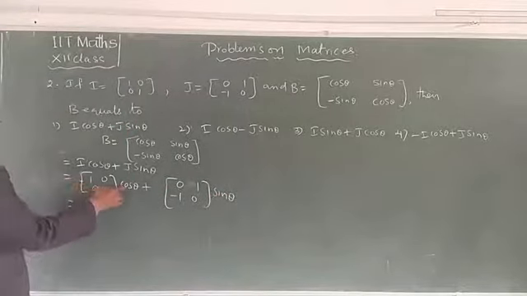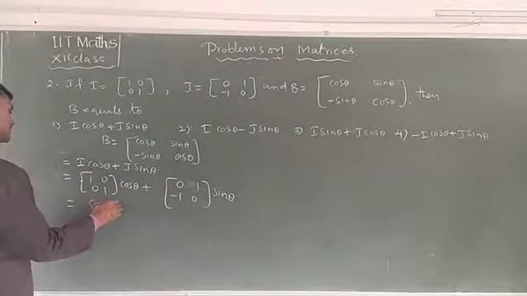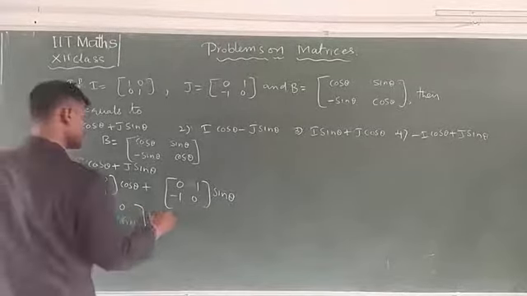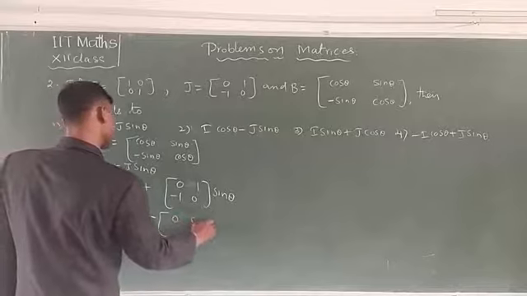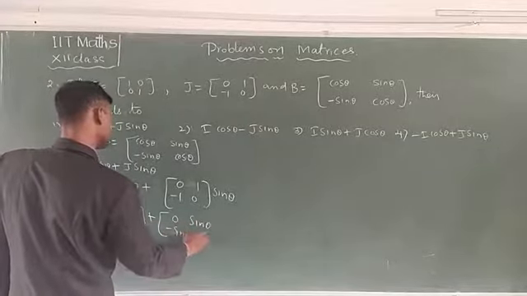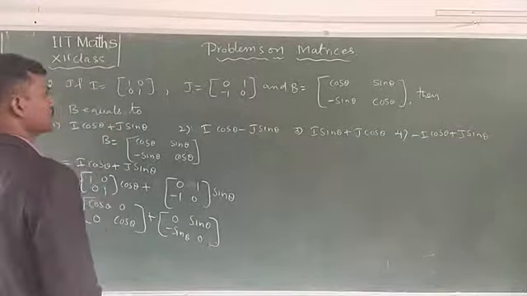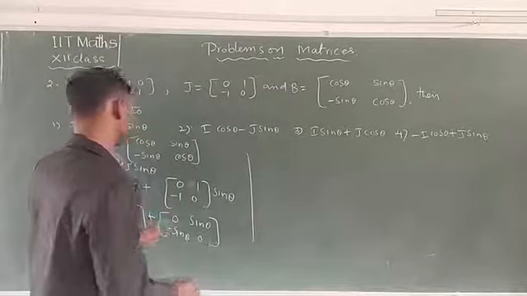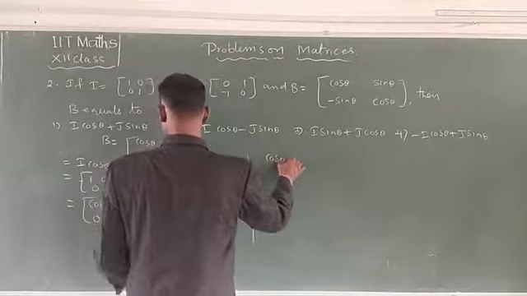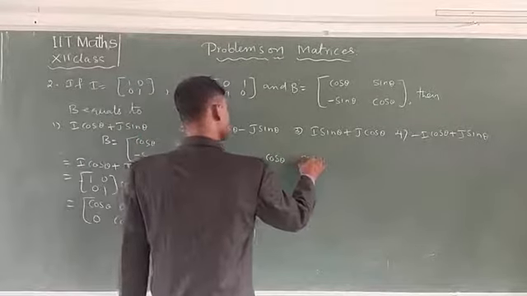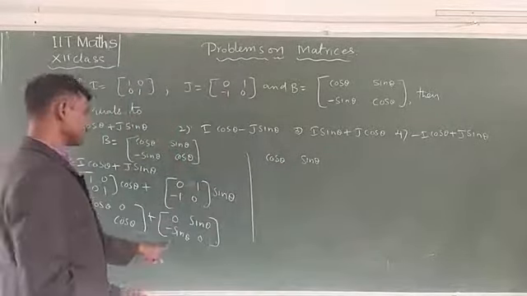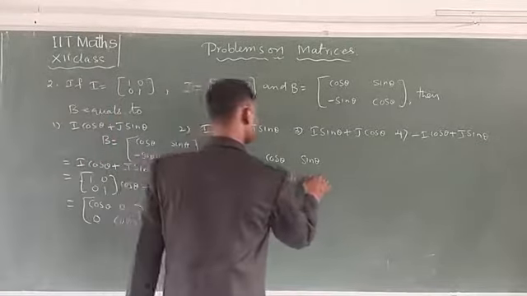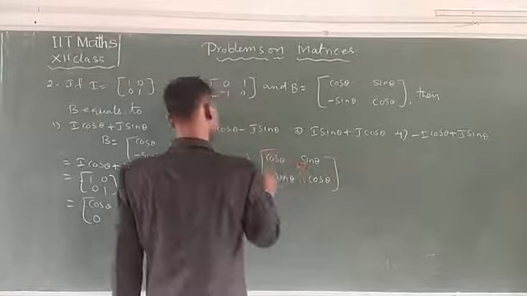Now see here, cos theta into 1 is cos theta, and [cos theta 0; 0 cos theta], plus [0 sin theta; minus sin theta 0]. Now you can add these two. Cos theta plus 0 is equal to cos theta, and 0 plus sin theta is sin theta, and 0 plus minus sin theta is minus sin theta. Cos theta plus 0 is equal to cos theta.